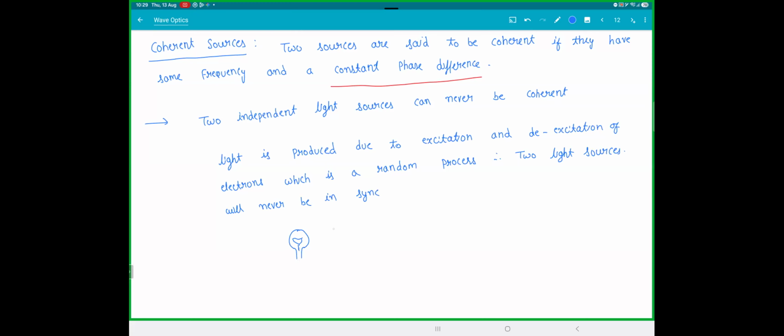So if you have a bulb here, let's say this is producing y is equal to a sine (kx minus omega t plus phi 1).